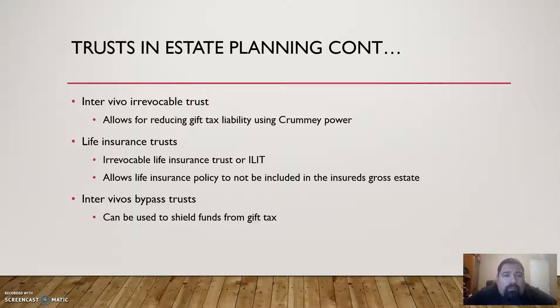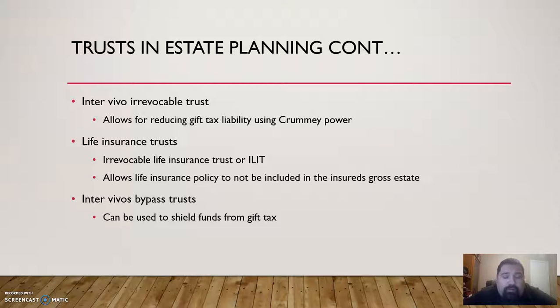Now, moving on, we also have an inter vivos irrevocable trust. This type of trust does allow for reducing gift tax liability using Crummey power. A life insurance trust, also known as an irrevocable life insurance trust or an ILIT, allows the insurance policy to not be included in the gross estate of the insured.